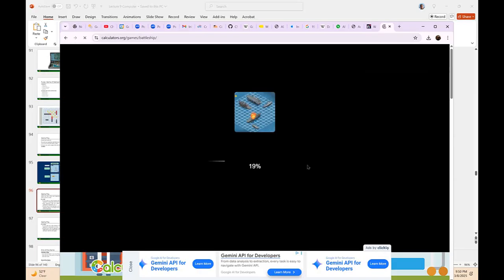It's loading. So basically, in this one I'm playing with a remote computer or a remote person. You need to have a set of rules that I understand and he understands, and then we play together on top of the internet.